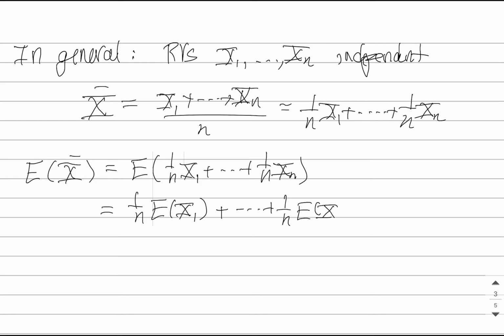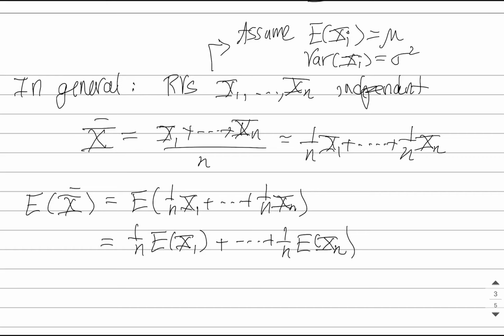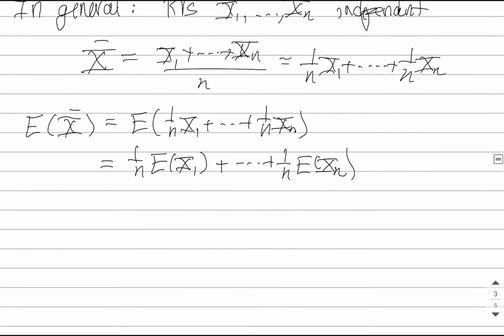If for some reason all of the random variables you've got have different expected values, then this is as far as we can go in general. But if we assume that all of the random variables have the same expected value mu and all of the random variables have the same sigma squared, the same variance, then we can proceed further.